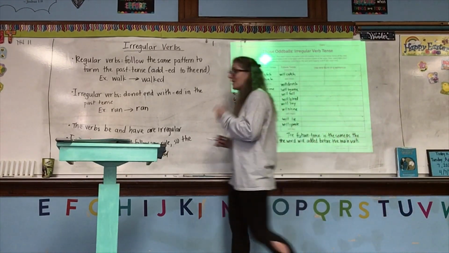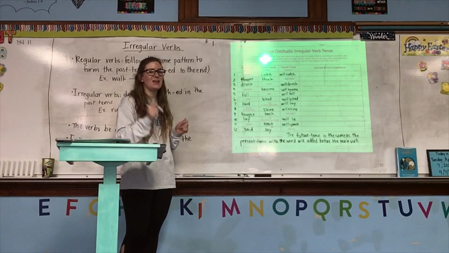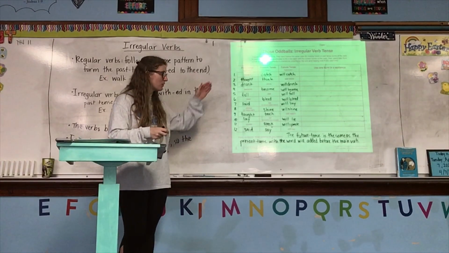So the only pattern I notice, and that you should notice too, is that the future tense is exactly the same as the present tense, just with will before it.